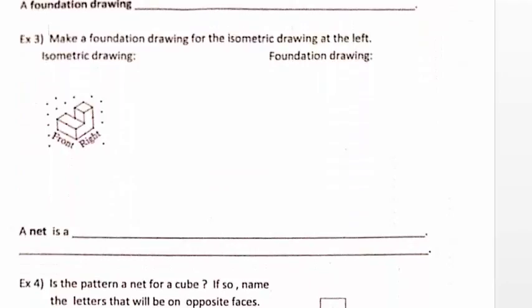The next type of drawing we have is what we call a foundation, and this is used a lot in any kind of architecture or any kind of building construction. So what a foundation shows, basically it's a drawing that shows outlines, the base of a figure, but it also shows the height of each piece.